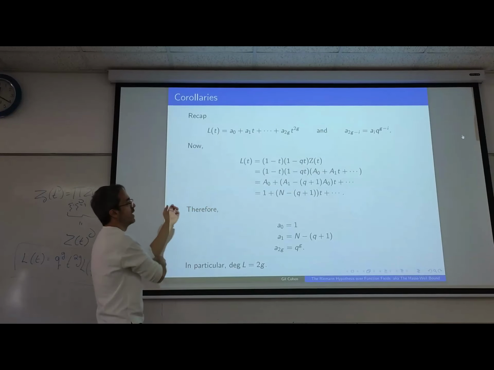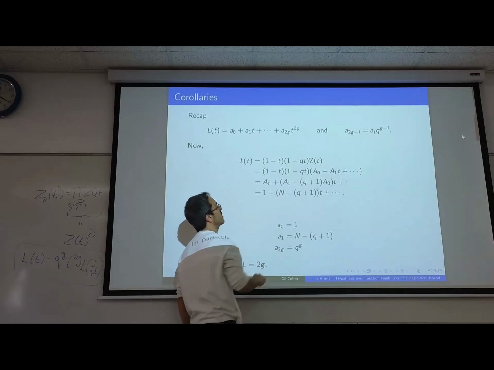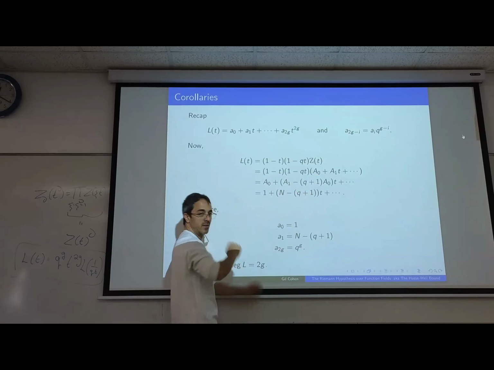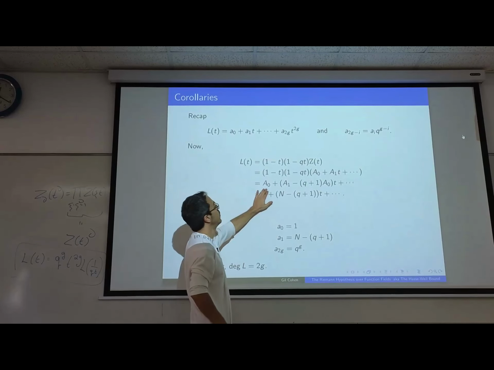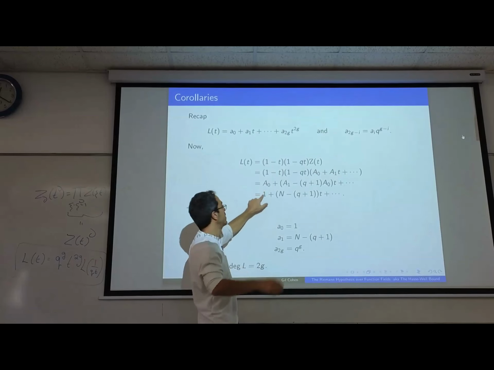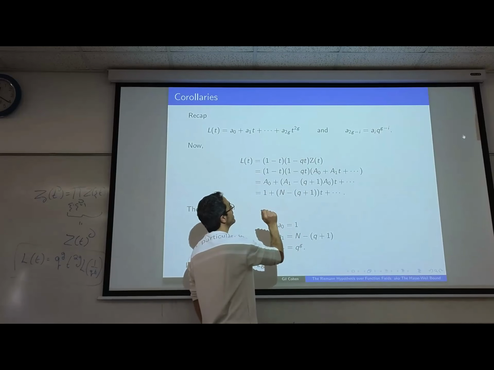So let's take the products. For example, the free coefficient, the one with no t's on this right-hand side, is obtained when you take a_0 and A_0. So you have a_0 A_0, which I told you is 1, by the way. It's how many non-zero divisors you have which are non-zero, so 1. The coefficient of t is extremely interesting.